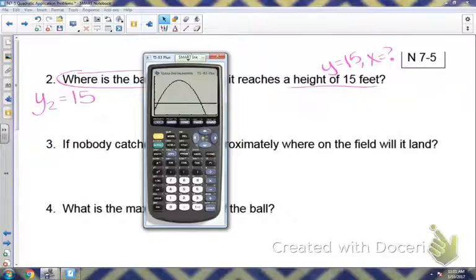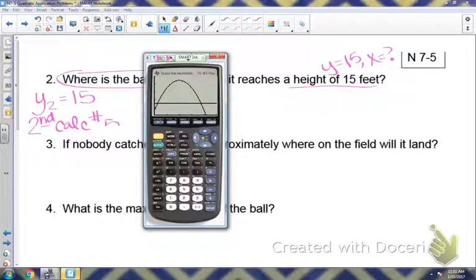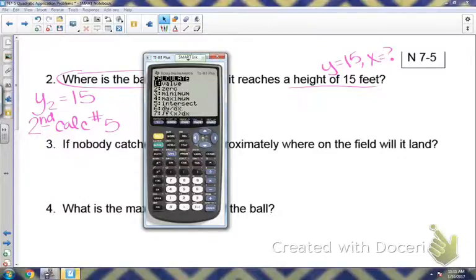So we're going to use second, mark this on your notes, second calc. We're trying to find where they're intersecting that horizontal line, so we're going to use number 5. So second calc intersect is 5. Move your cursor to whichever one you want to find first, so your intersection point. Get as close as you can. Press enter 3 times.